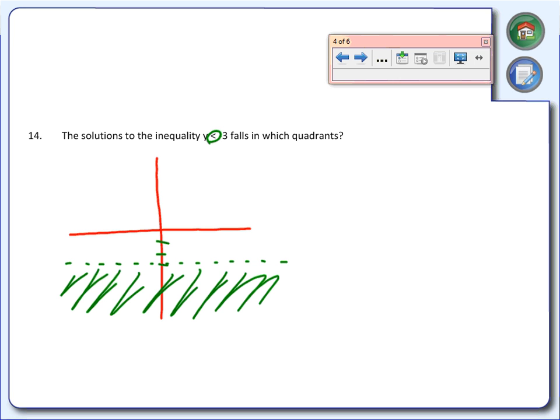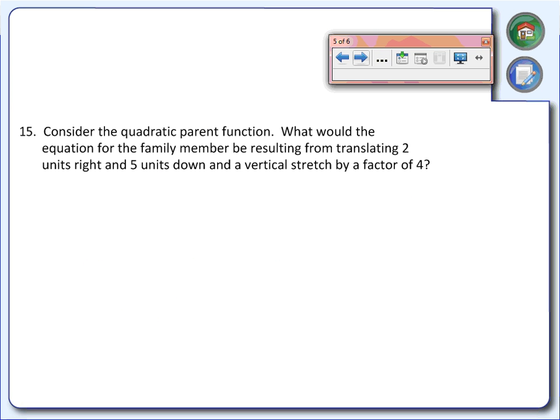In quadrant 1, 2, 3, or 4? 3 and 4. So out to the side, we're going to put quadrants 3 and 4. All right, so that's number 14. Let's do one more, number 15.